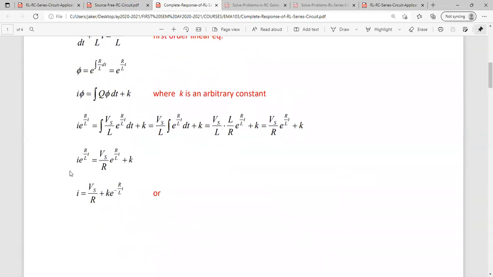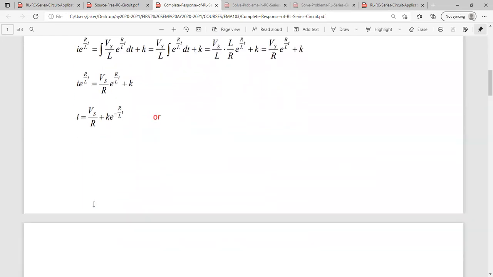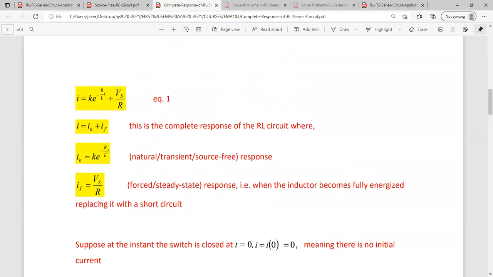Now this one, what you have here is just the formula. And by the way, class, this V sub S is the voltage of the voltage source, divided by the resistance, if you're wondering what it is. You also have the concept of the natural, transient, source-free response reiterated, and the forced steady state response.